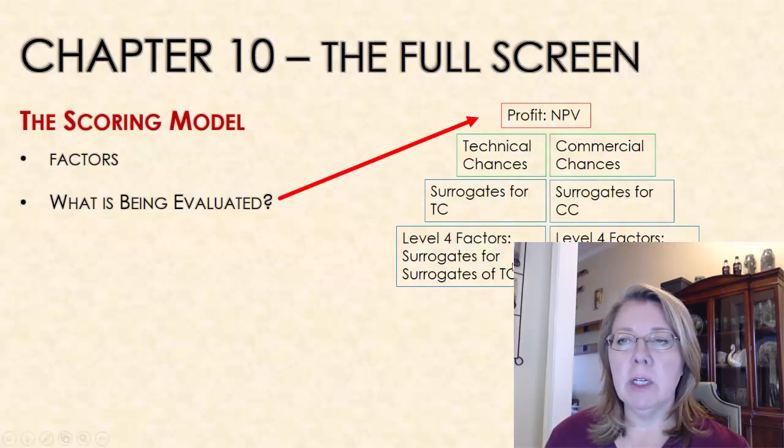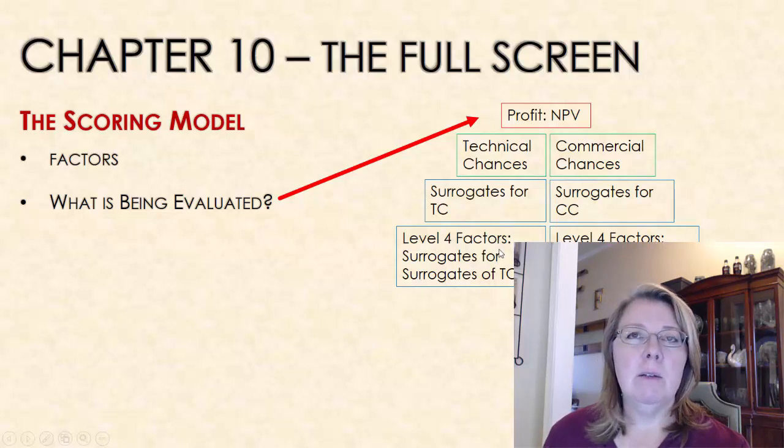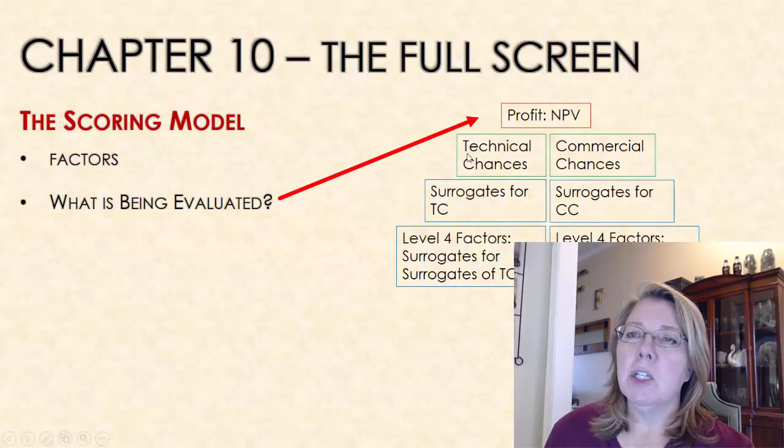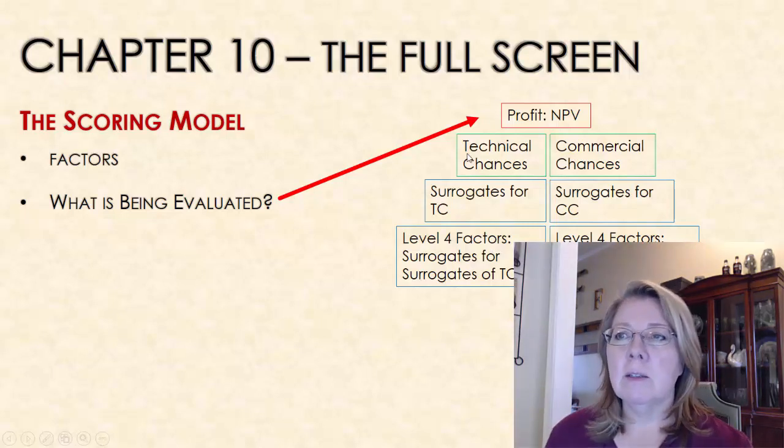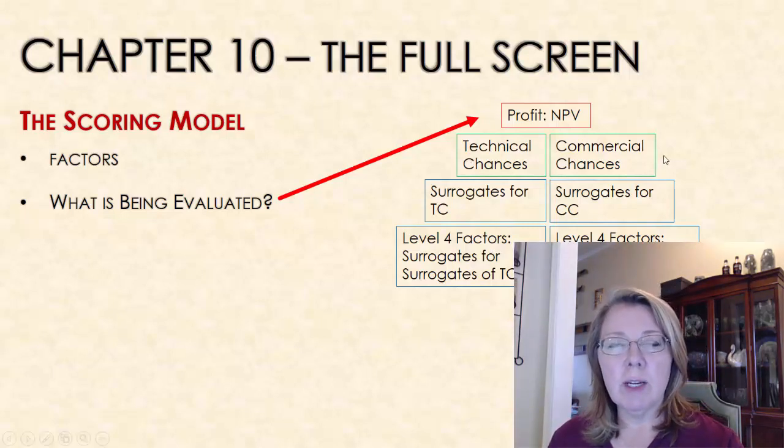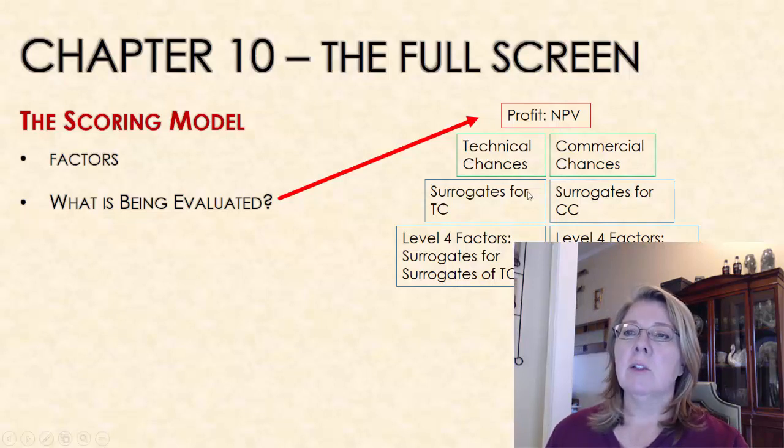And generally those surrogates are down here at level 4, because really we cannot estimate our chances of being technically successful and commercially successful directly.